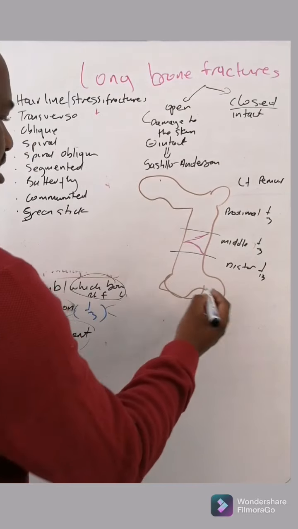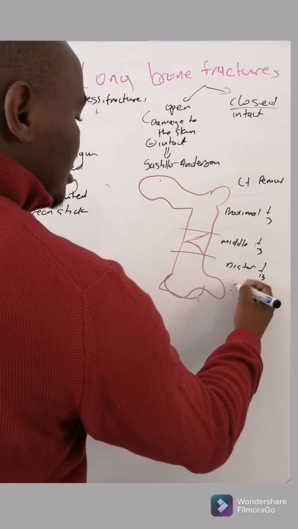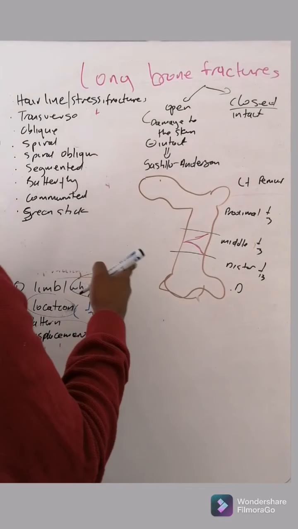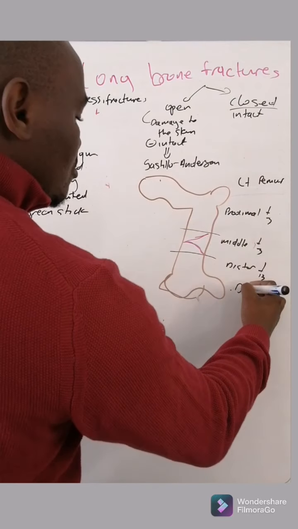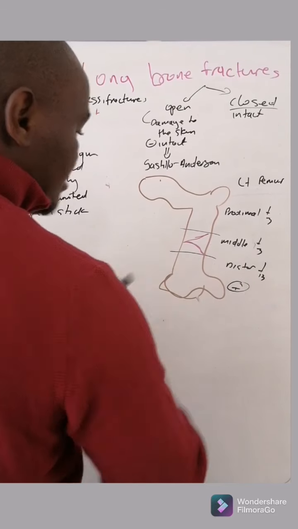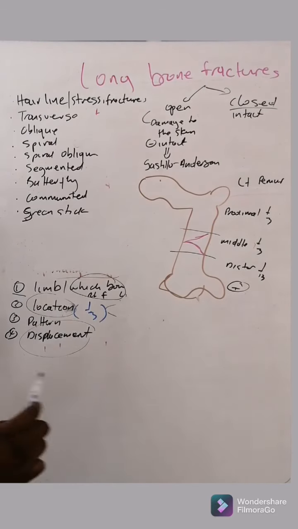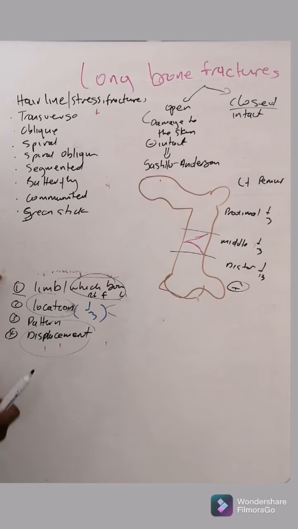Then the last bit that you need to say is the issue of displacement. Butterfly fractures normally do not displace, they appear like that. So you can just say there is no displacement. So I've spoken about which limb it is, and the pattern: a butterfly fracture of the middle third.